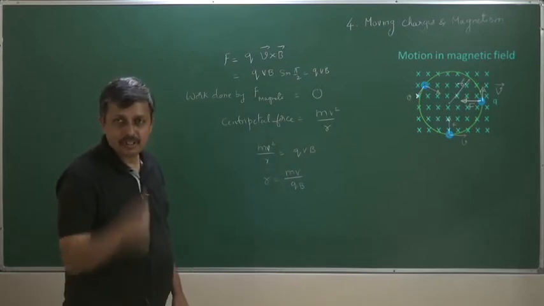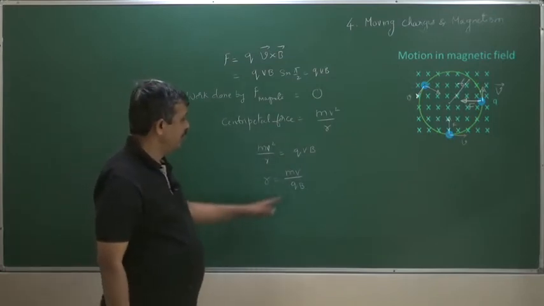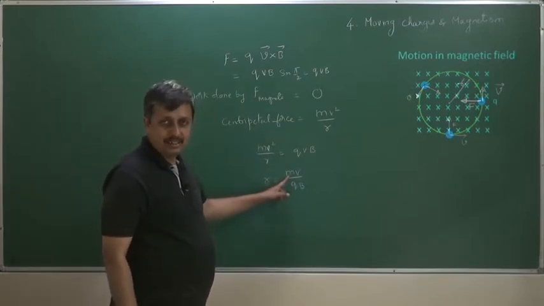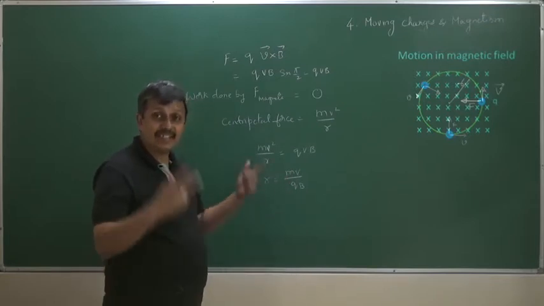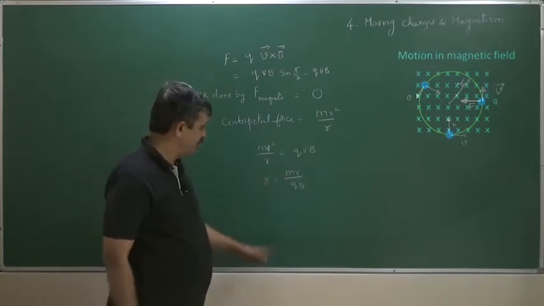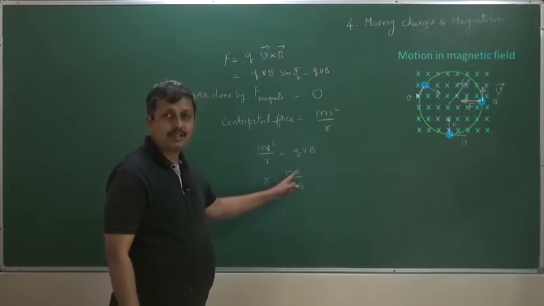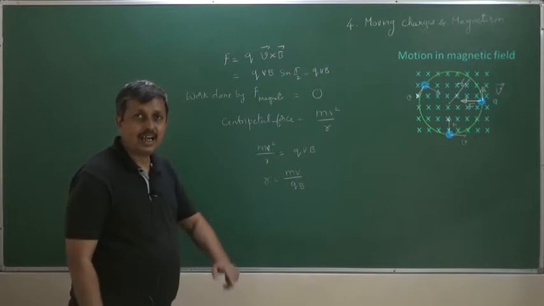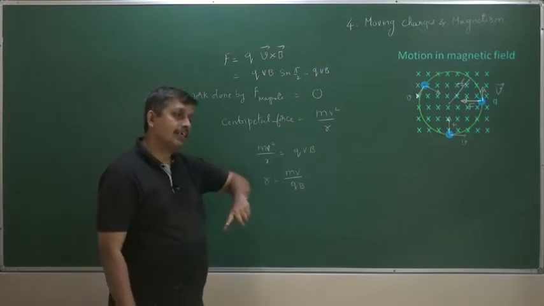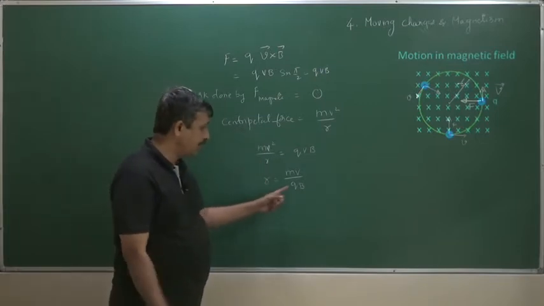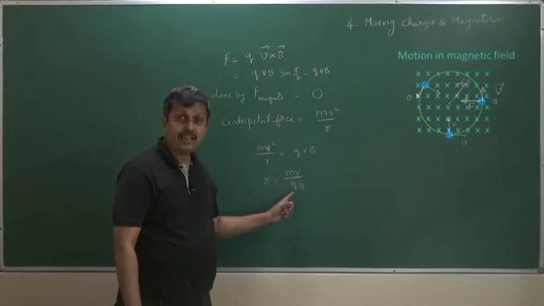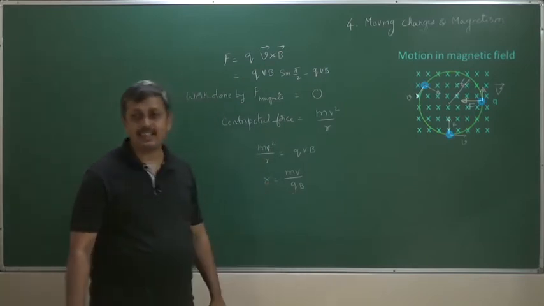If the mass is high, again it is a big radius because it has inertia and is difficult to turn around. Velocity is the same thing. This is basically the momentum. If momentum is high, it is hard to turn it, so the radius is higher. And for charge Q, if the charge is higher, then the radius is lesser.